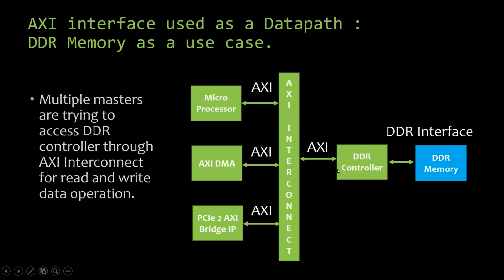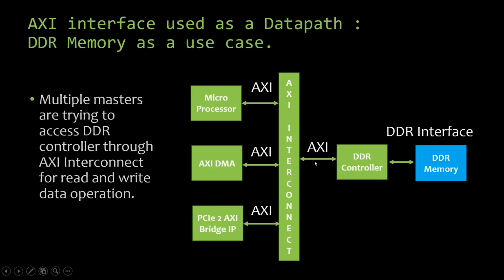So this is the DDR memory controller, our IP under consideration, and it is connected to the DDR memory through the DDR interface. And it is connected to the AXI interconnect on the slave port because this DDR controller is a slave IP.